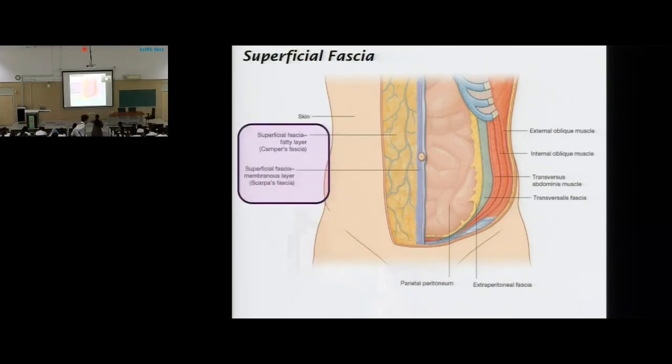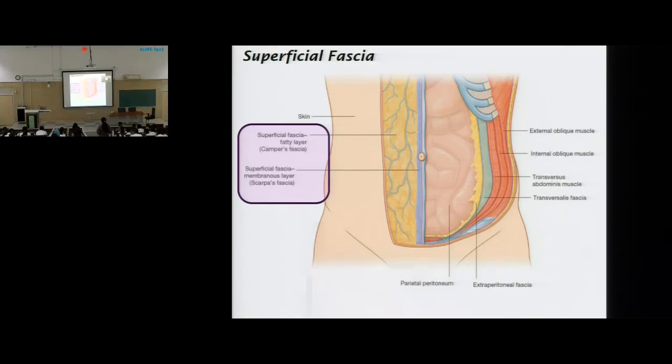You were told that first is the skin. Skin will be continuous above and below. Beneath the skin is the superficial fascia. This superficial fascia is modified in two forms: the superficial fatty layer and the deep membranous layer.